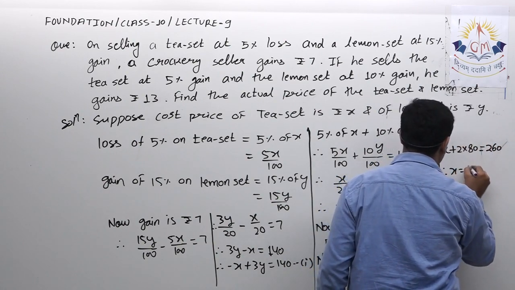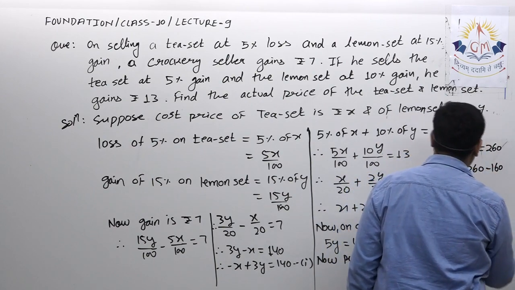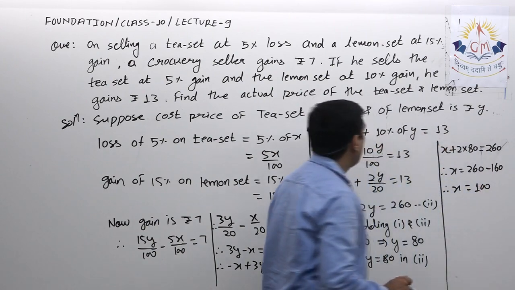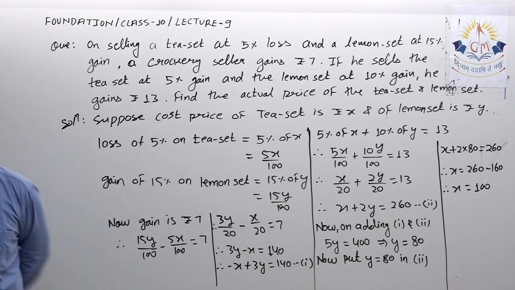Therefore, x is equal to 260 minus 160. Therefore, x is equal to 100. That means the cost of tea set is rupees 100 and the cost of lemon set is rupees 80.